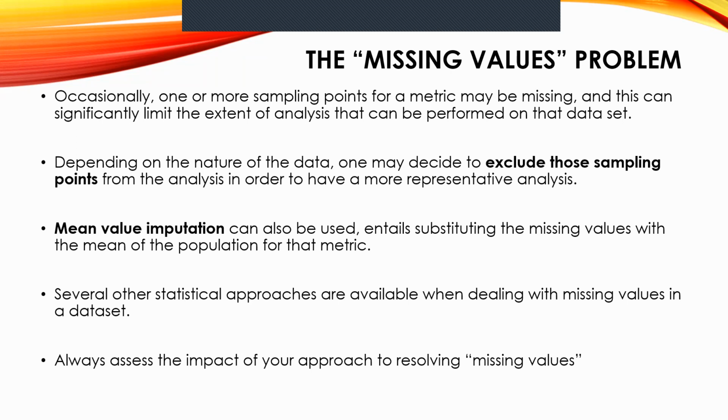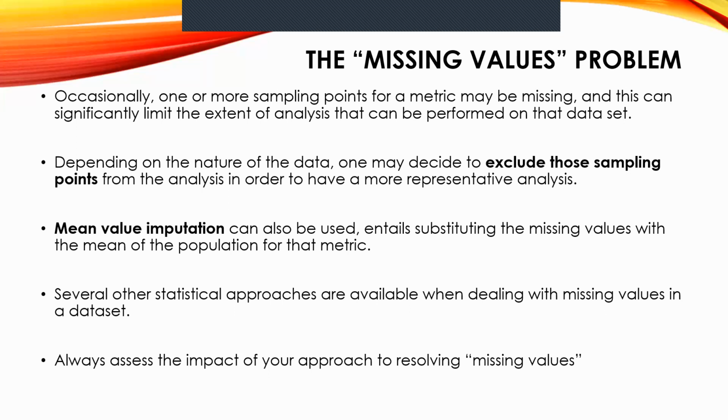You agree with me that substituting it with the mean value does not necessarily mean that you are putting in the accurate value for that branch, but it gives an estimate of what could likely have come from that branch. So this is another very useful way that analysts deal with missing data or missing values.